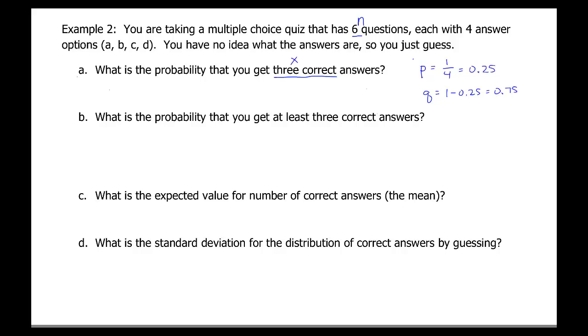So we're just going to use the binomial formula, or the function in the calculator. N is 6, p is 0.25, x is 3, and this would be the probability of 3 correct.